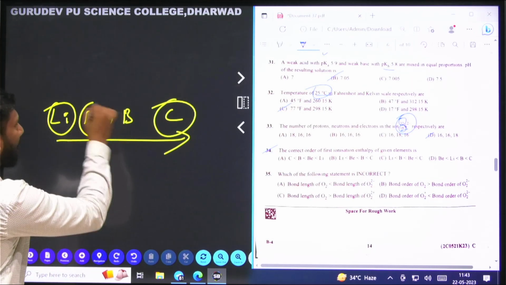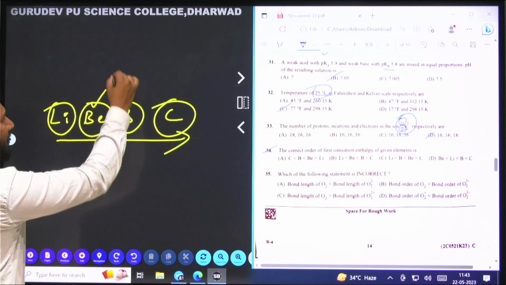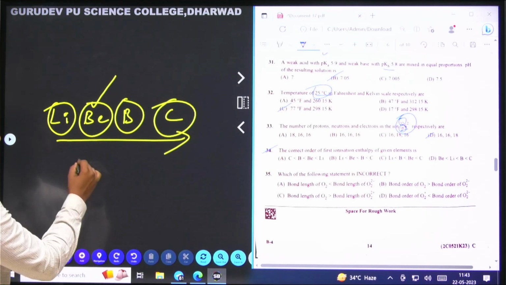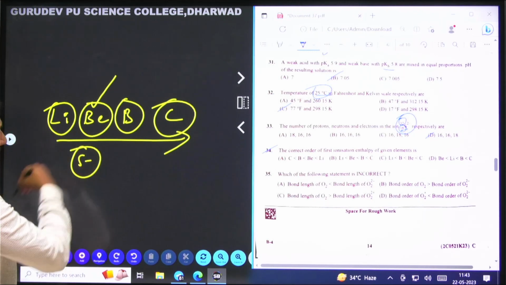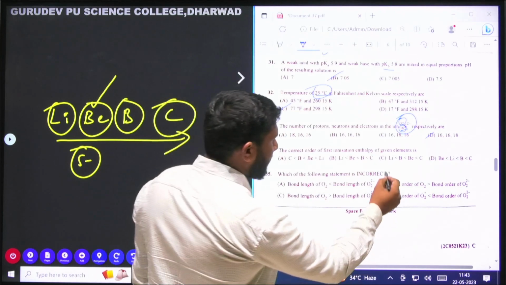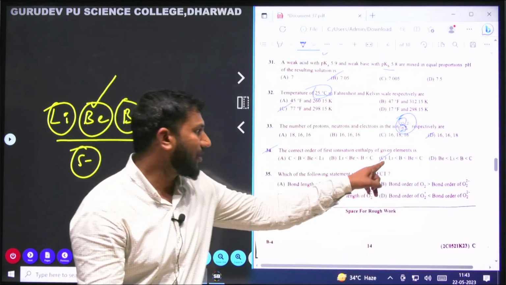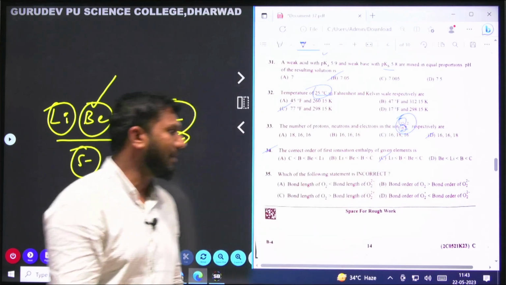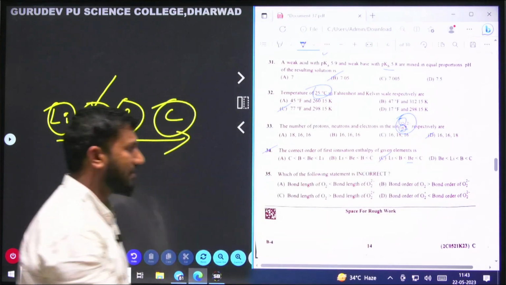But among beryllium and boron, beryllium has higher ionization enthalpy due to the stable electronic configuration of the s subshell. That's why the correct option is option C. Least ionization enthalpy lithium, highest ionization enthalpy carbon, boron and beryllium. Beryllium has higher ionization enthalpy.